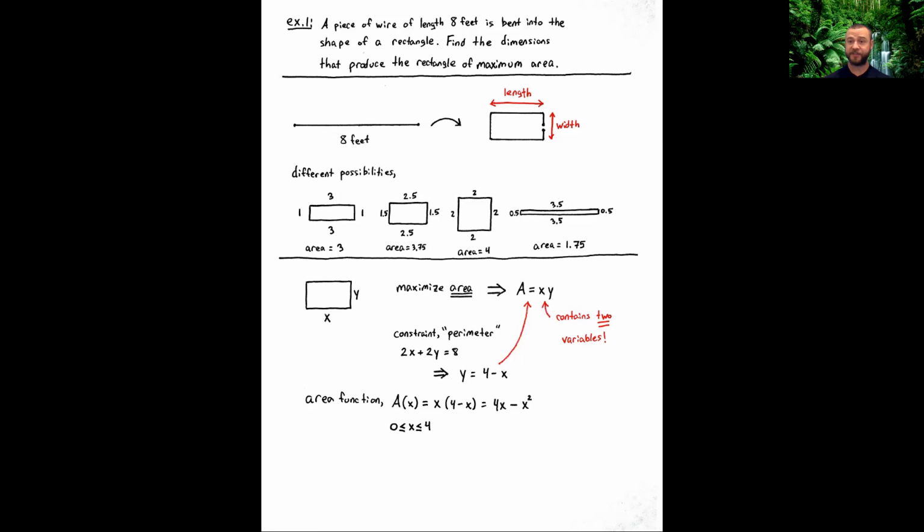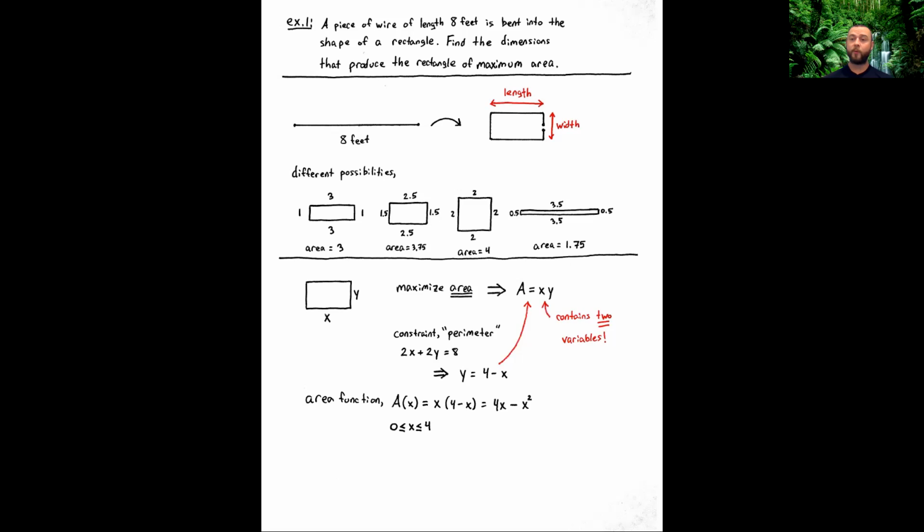The 4 minus x, that was what we found from the constraint equation, the perimeter, for y. All right, and we can multiply that out, just distribute that x into the parentheses, and we get our area function as 4x minus x squared.